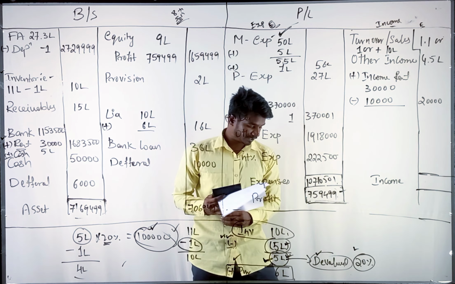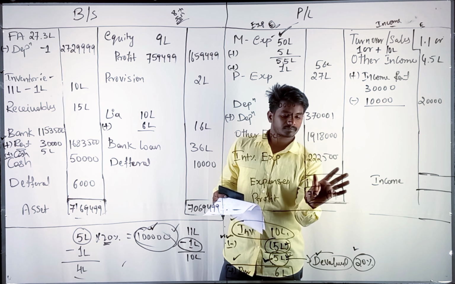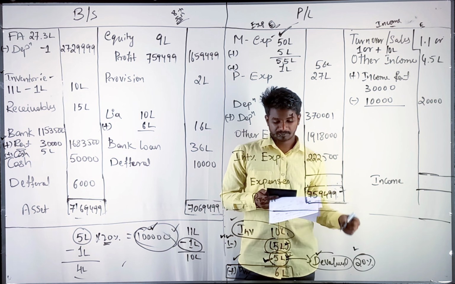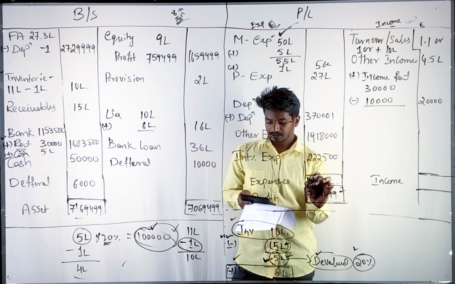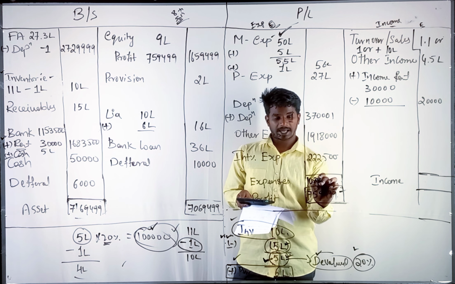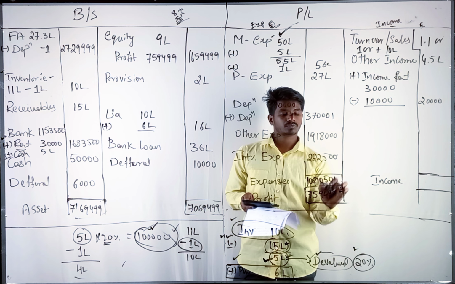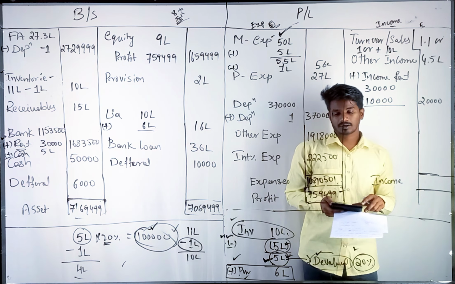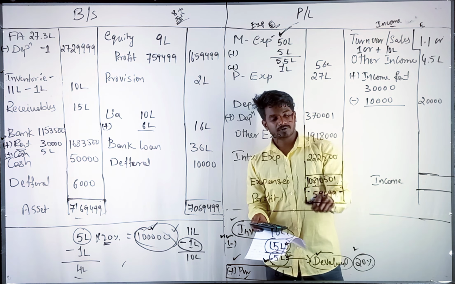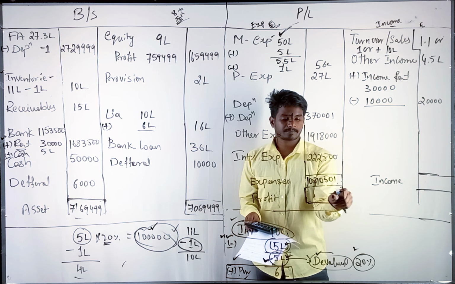If we total the expense side, it comes out to be 1 crore 8 lakh 10,501. This is the total of expenses, and the profit will not be the same.